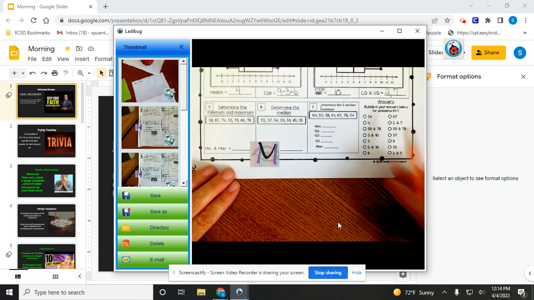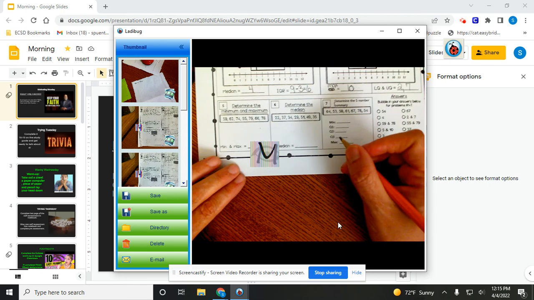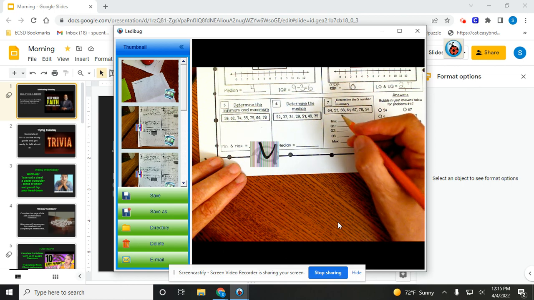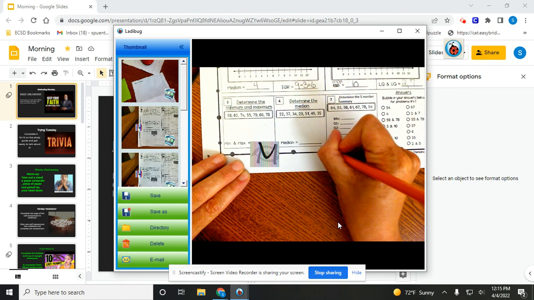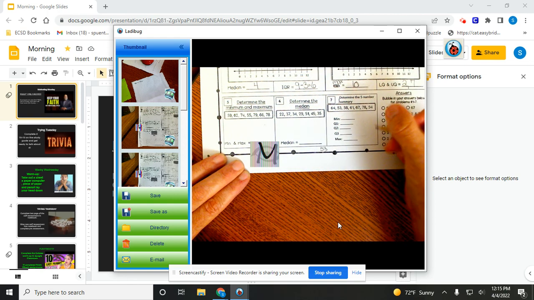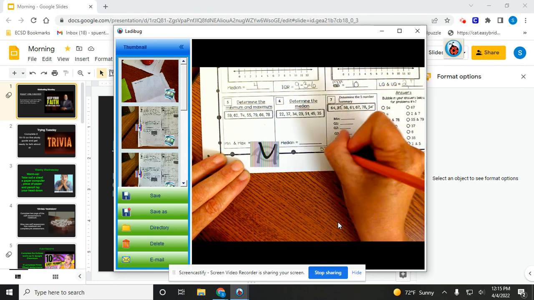All right, so the first thing that we had talked about is that we're going to put all your numbers in order. So I like to cross out everything that I do. So I'm going to do 53 and cross it off. And then I've got 54, which is my next number.